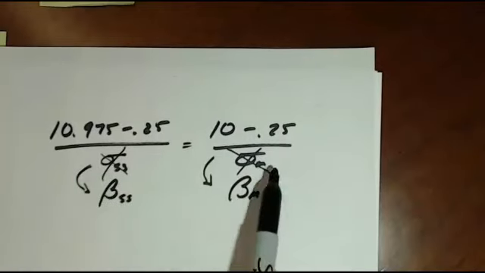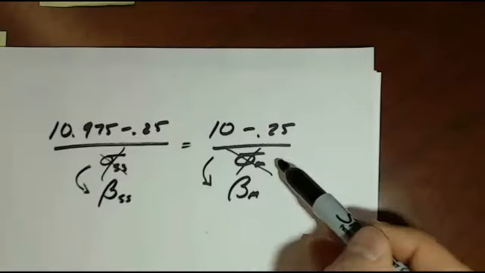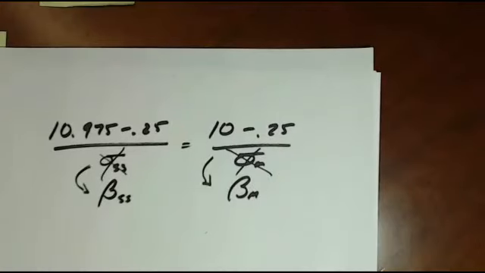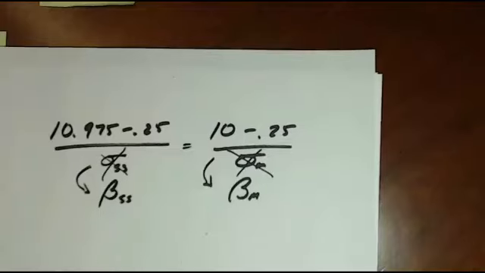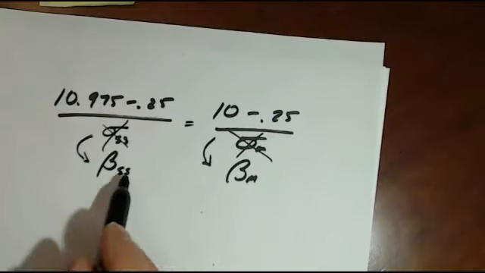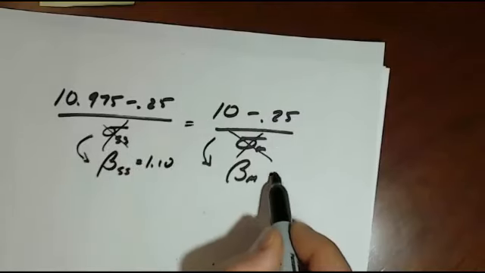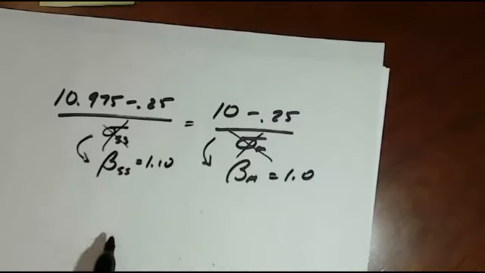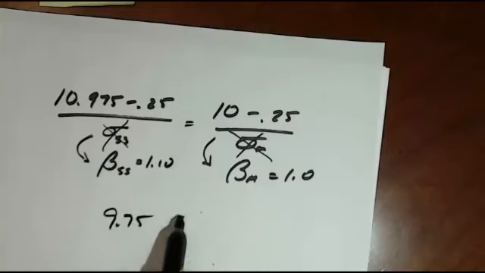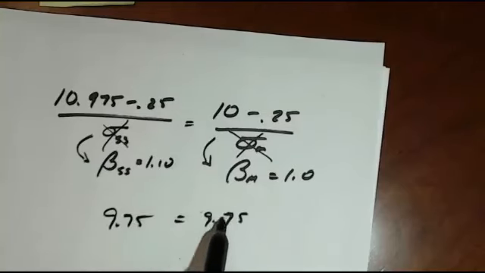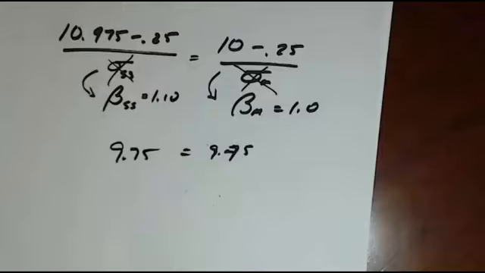All stocks and all portfolios, including the market, which is a portfolio, will have the same risk-adjusted returns, except now the risk adjustment is systemic risk only. If you do the calculation, beta equals 1.10 for Shake Shack and 1.0 for the market, and when you do the math, 9.75 equals 9.75. Everything works. We are on the line.